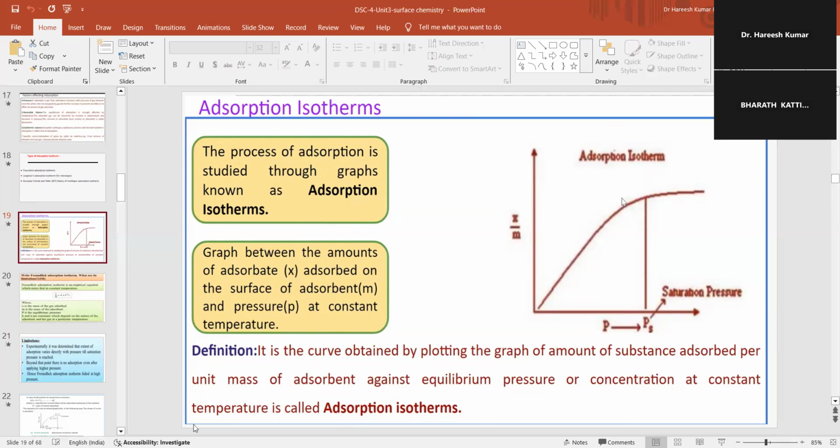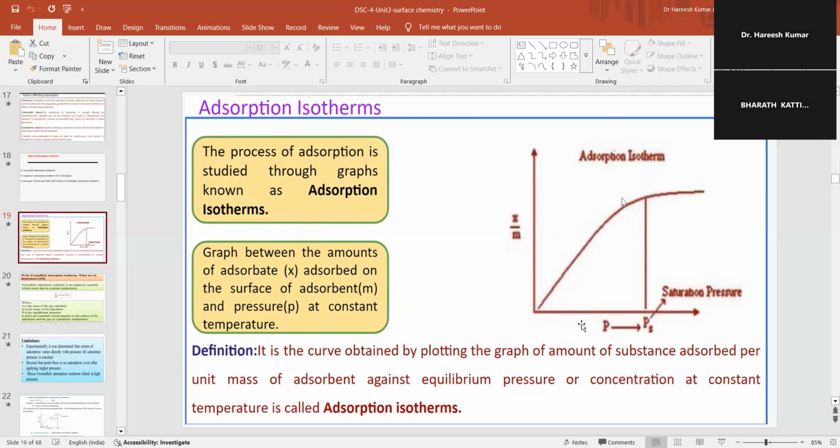This graph was drawn after the experimental analysis. See, look here. For example, you consider 1 gram, x upon m is 1%. Then x upon m is 2%. Here 1 pressure, 2 pressure, 3 pressure.